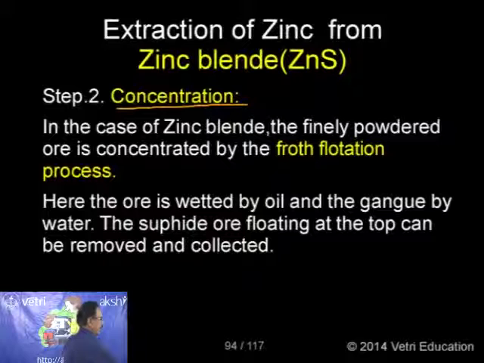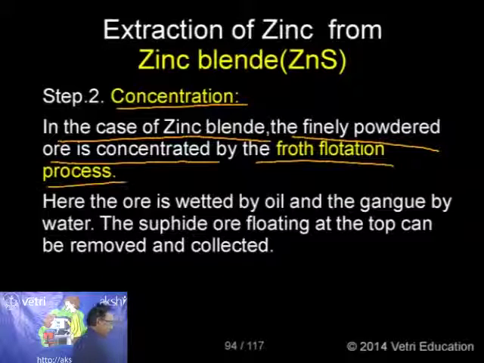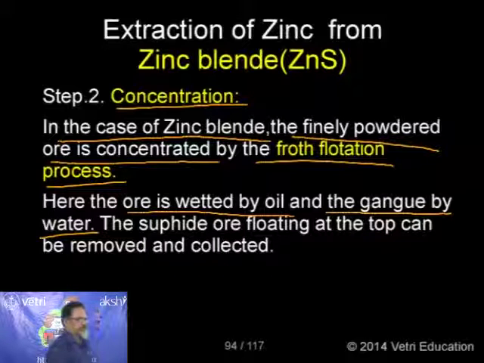In the case of zinc blend, the finely powdered ore is concentrated by the froth flotation process. I am selecting froth flotation specifically for zinc sulfide because it is a sulfide ore. Froth flotation is applicable for any sulfide ore. Here, the ore is wetted by oil and the gangue by water. This is the basic principle involved there.